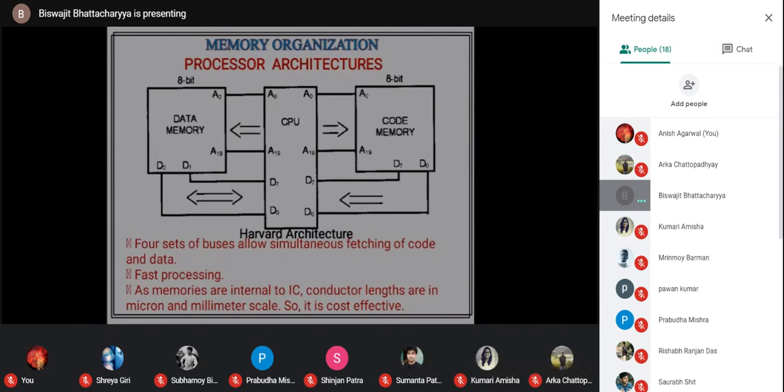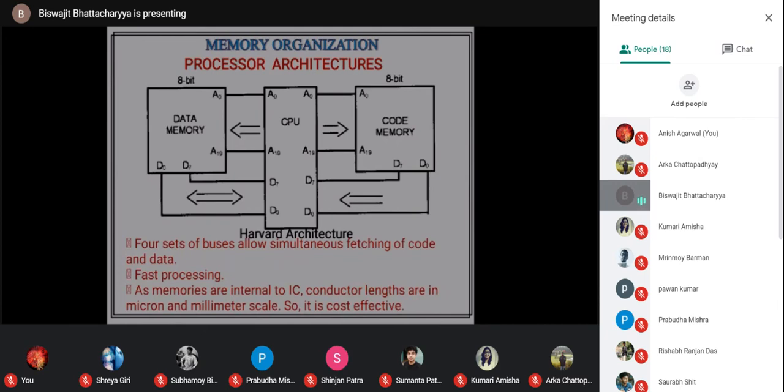So the wire length is more there, and therefore only one set of address bus and data bus is mounted there. Okay, so Princeton architecture or von Neumann architecture is used there.